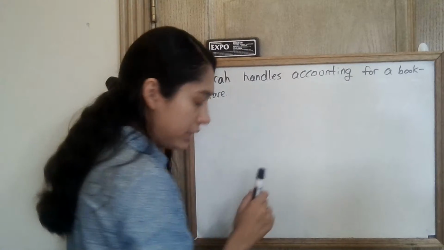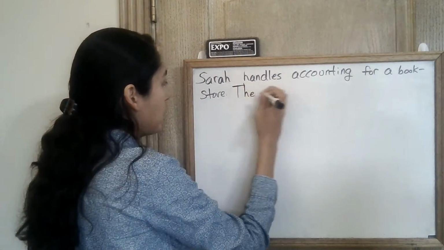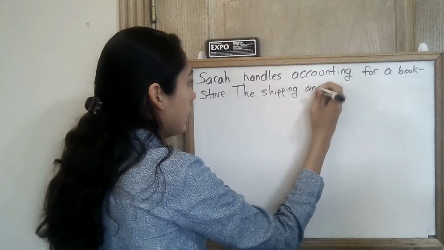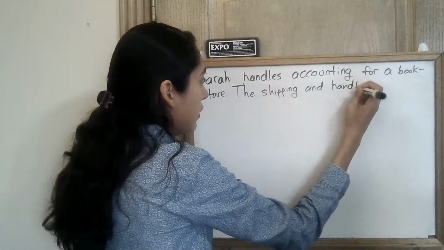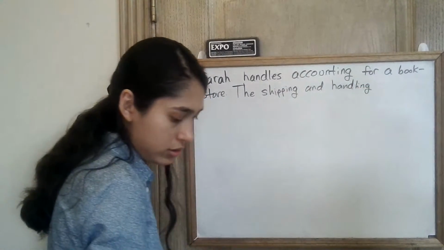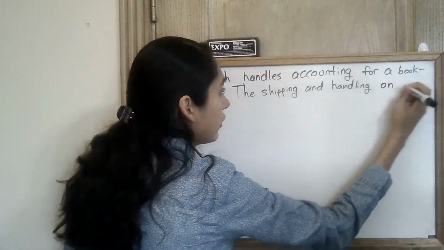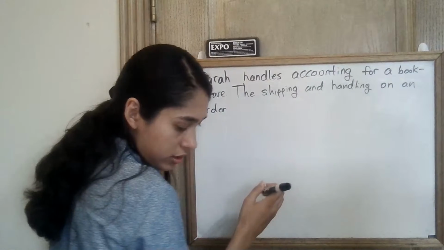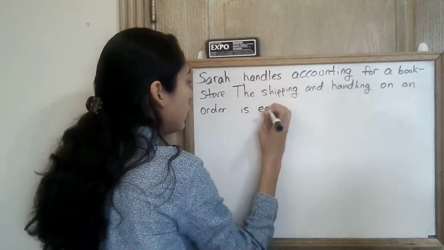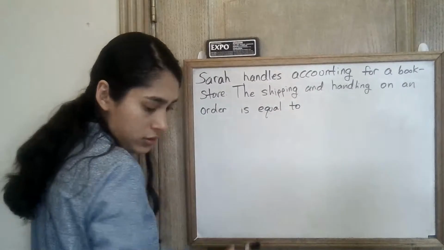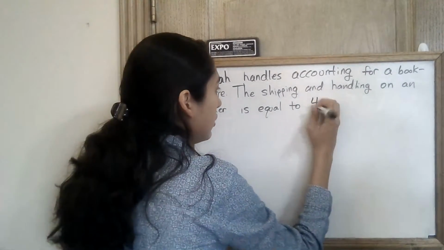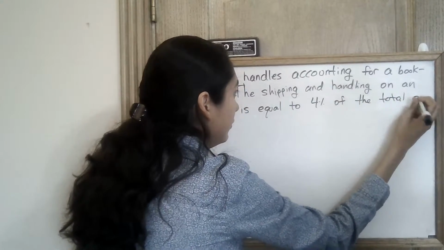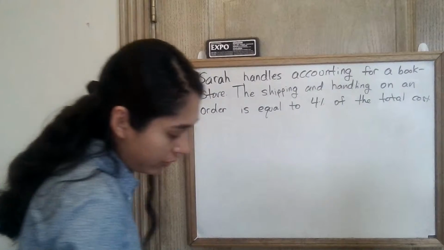So let's say the shipping and handling on an order equal to 4% of the total cost of the order.